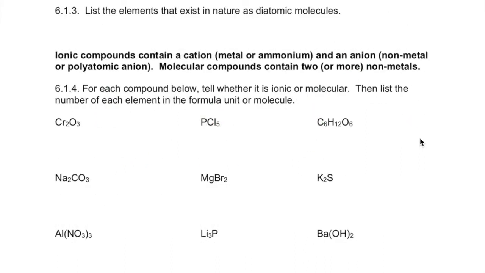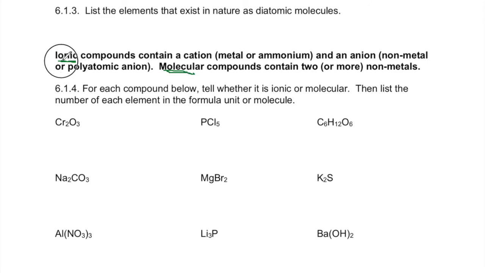One of the things that we're doing in this chapter is learning how to name compounds and draw the structure of compounds, and we are going to do that differently for things that are ionic and things that are molecular. And so one of the first things we need to know how to do is recognize whether a compound is ionic or molecular.